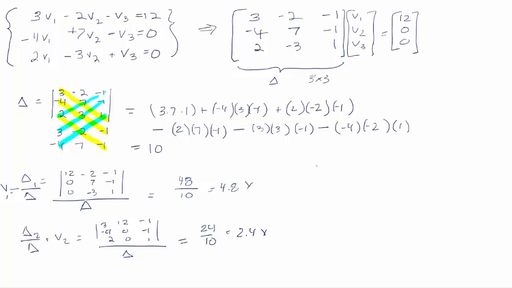That equals V2. And you'll do the same thing for V3, and you'll end up that V3 is minus 2.4 volts.